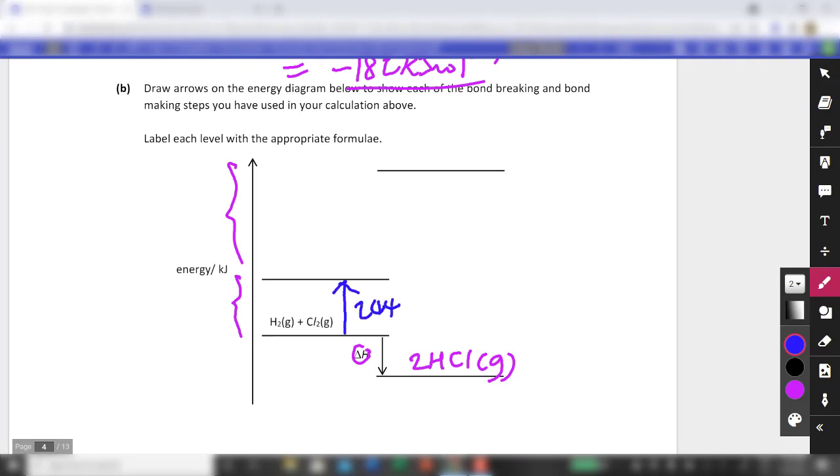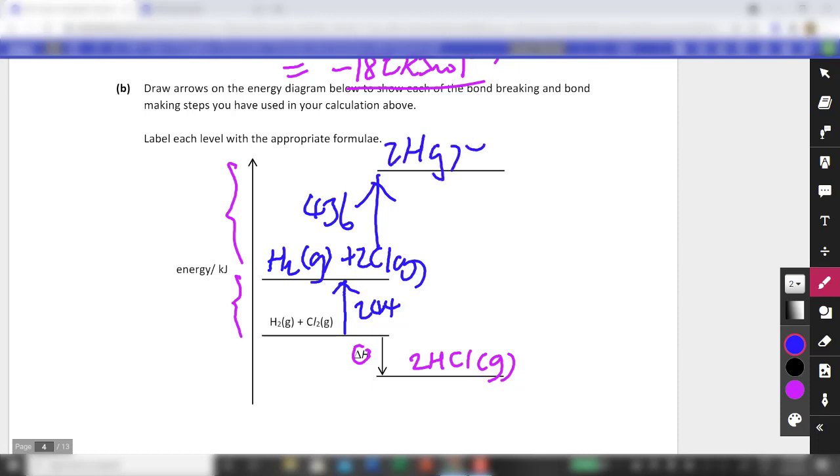That's 244, but this is artificial. Okay, so this is artificial. If you don't wish to do that, you don't have to do that. Okay, so I'm going to get 2Cl gaseous, and then I'm going to end up with 436 here, and then 2H gaseous plus 2Cl gaseous, and then after that, when you break HCl bonds, so that's 431 times 2.